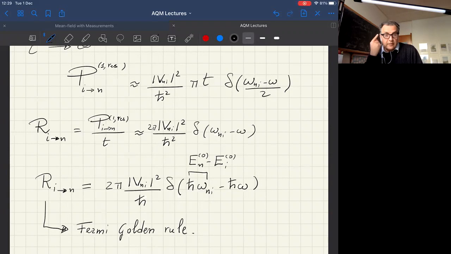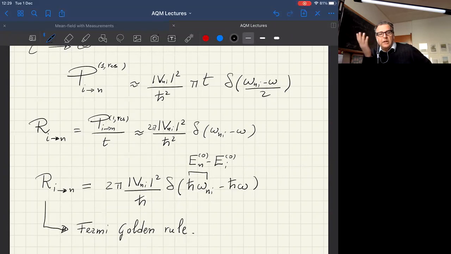So in order to have really a single frequency hitting the system, you have to apply it for quite a long time. And so this conservation of energy appears only in the long time behavior, longer than the typical time scale of the atom.